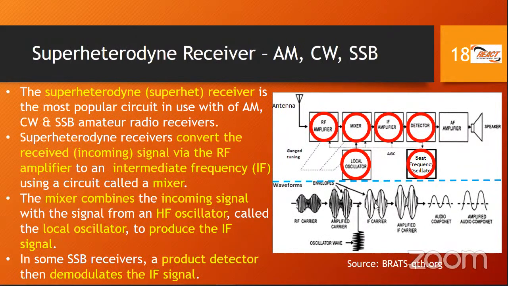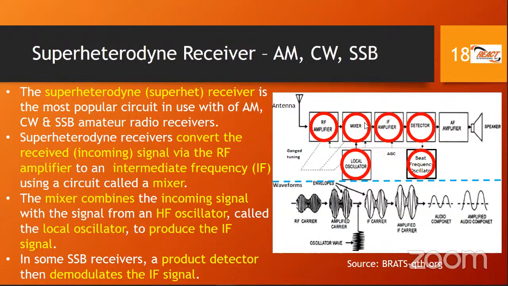So we have some extra information here for those who are interested to see what the various signals look like at the various stages in the superhet circuit. Now the mixer, the same mixer that we're looking at here in our diagram, takes the incoming signal, together with one produced by a local oscillator called the HF oscillator, and then it produces that IF signal.